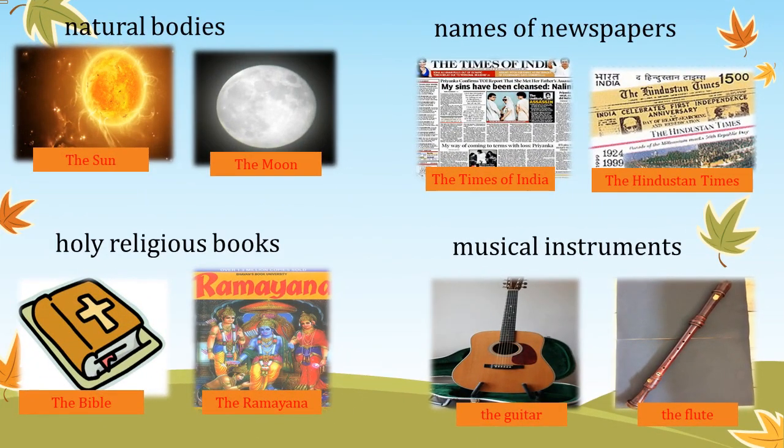We also use the before names of natural bodies, the sun, the moon. Before the names of holy religious books, the Bible, the Ramayana.